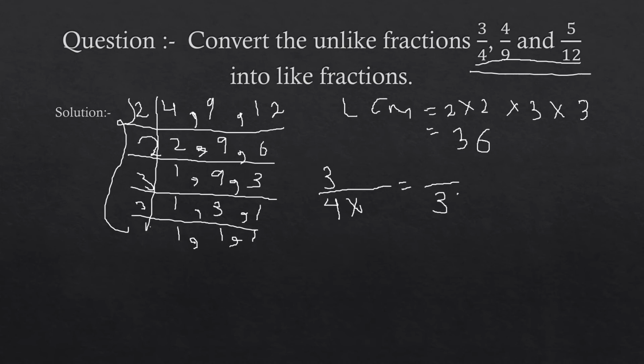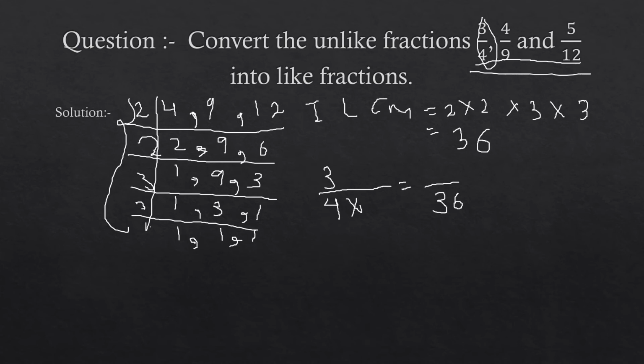We have to make the denominator equal to the LCM obtained in the first step. So the LCM obtained in the first step should be the denominator of the new fractions we are making, and those new fractions will be equivalent to the given fractions.